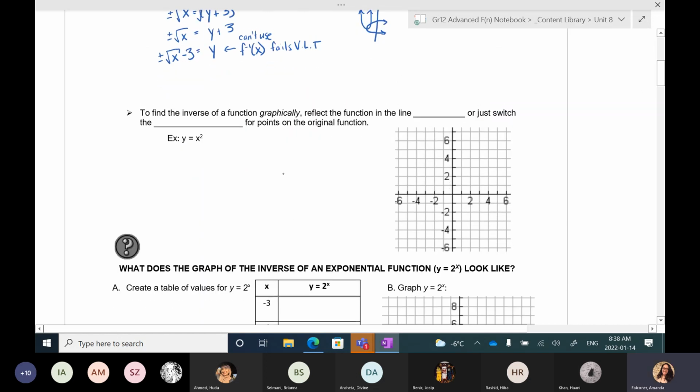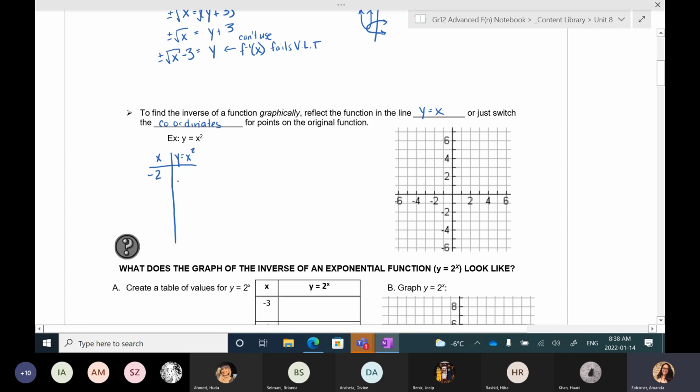Next, it says to find the inverse of a function graphically, reflect the function in the line y equals x, or just switch the coordinates of the points of the original function. So if we had the original function y equals x squared, negative 2 is my input.